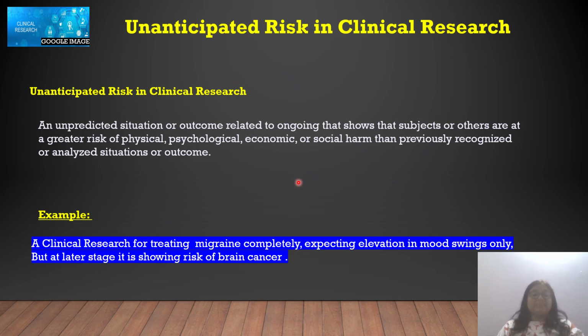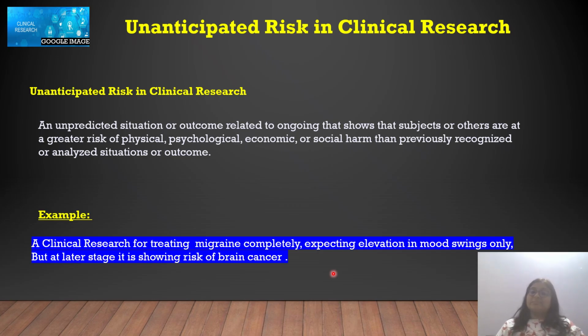Now we will take an example related to clinical research to understand what the unanticipated risk is. So see, a clinical research for treating migraine was completely expecting elevation in mood swings only, but at a later stage it's showing the risk of brain cancer. So here a clinical research is going on for treating migraine.